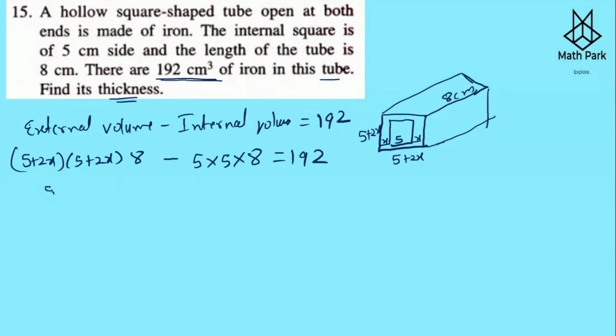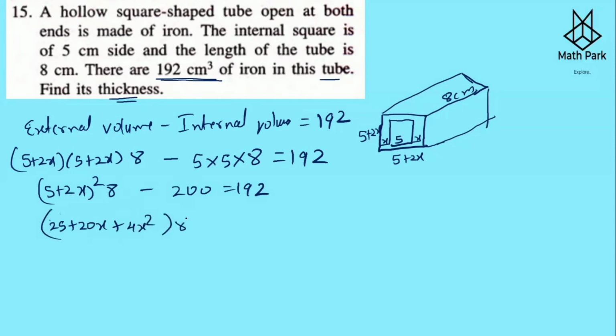So, this is 5 plus 2x the whole square times 8 minus 5 eights are 40, 40 fives are 200, so 200 is equal to 192. So let us expand this. So this is 25 plus 5 twos are 10, 2 tens are 20x plus 2x the whole square is 4x square.